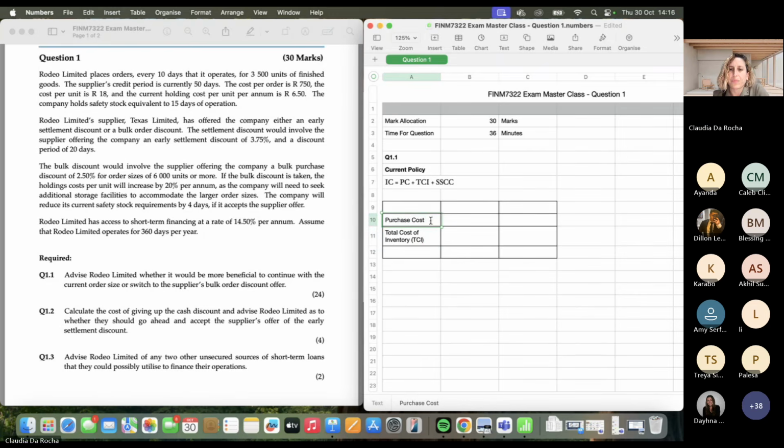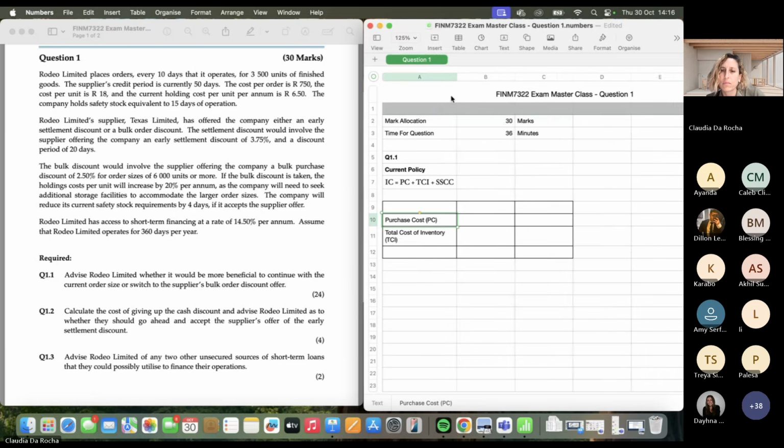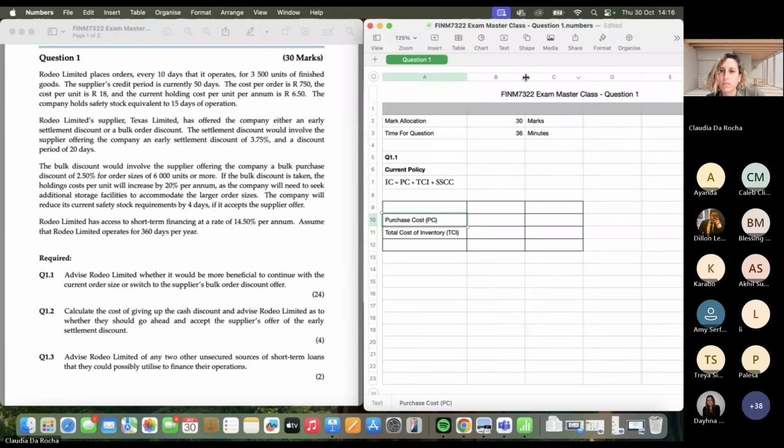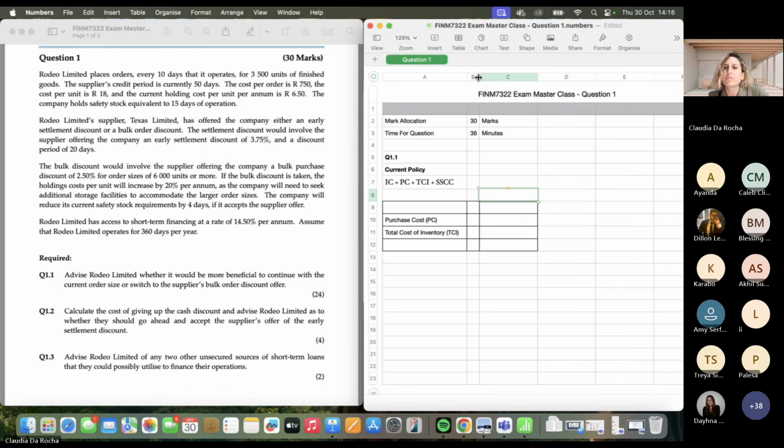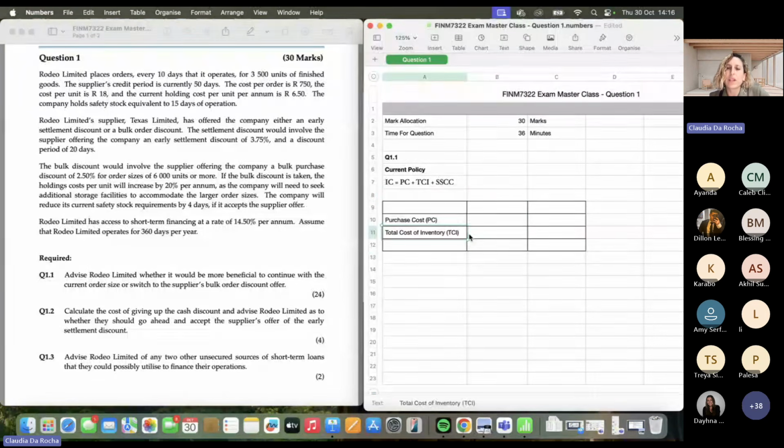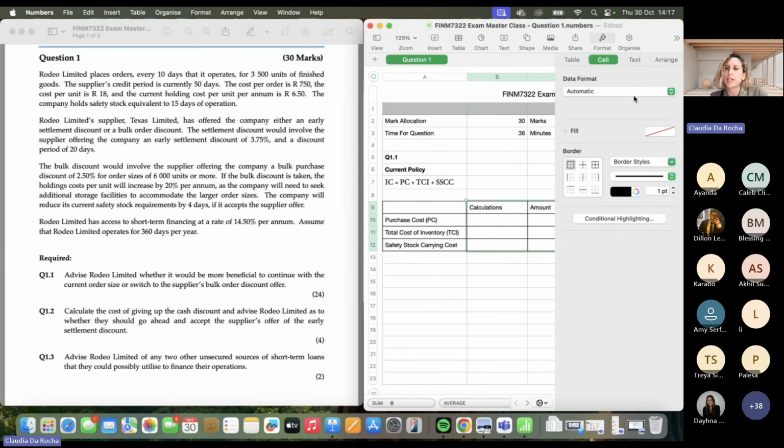We have our purchase cost, which is our PC. And then we have our safety stock carrying cost. So I'll do the calculations in this block, and then here we'll have the amount. And you can see very clearly what's being done.